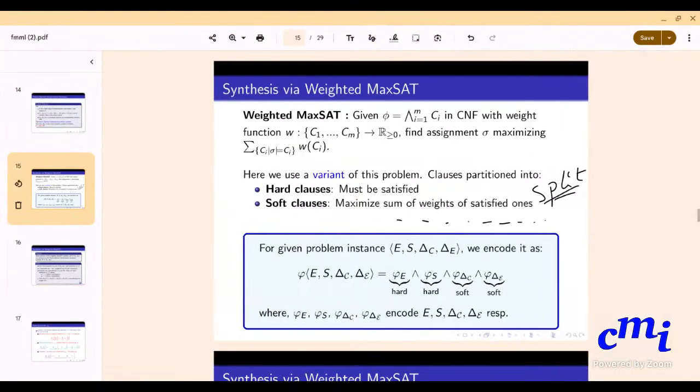Intuitively, phi E basically tells us, given some set of predicates, how do I want that structure to look? So phi E is a legal, syntactically correct explanation.